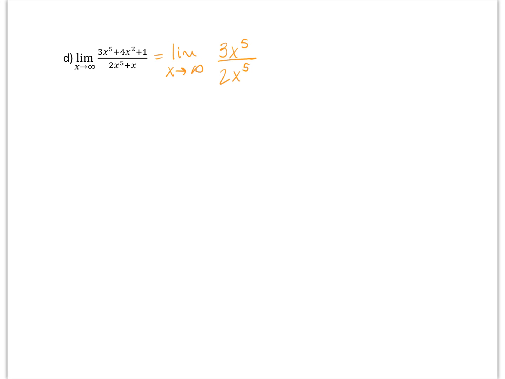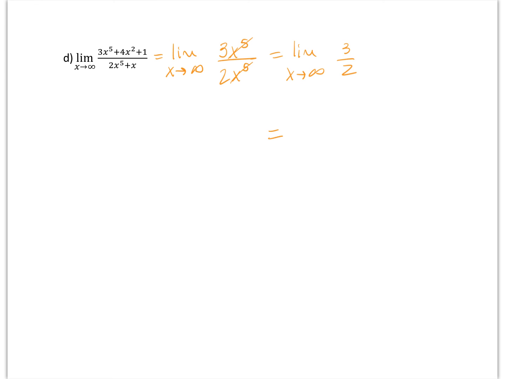It's so much bigger than the x squared that the x squared is like loose change in your couch compared to a million to the fifth. So I'm just going to ignore the lower power x's and only look at the highest power. Then my x to the fifths can cancel, and so this is just going to come out to the limit as x goes to infinity of 3 halves.